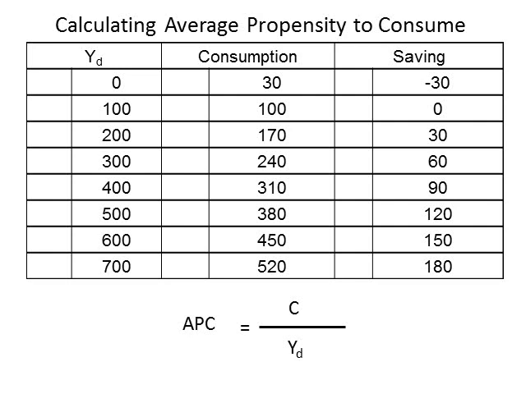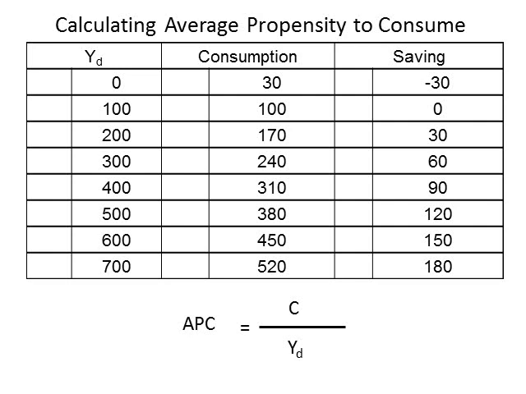At the $300 level of income, the individual consumes $240 worth of goods and services and saves $60. At the $400 level of income, the person consumes $310 worth of goods and services and saves $90. At the $500 level of income, the individual consumes $380 worth of goods and services and saves $120 worth.